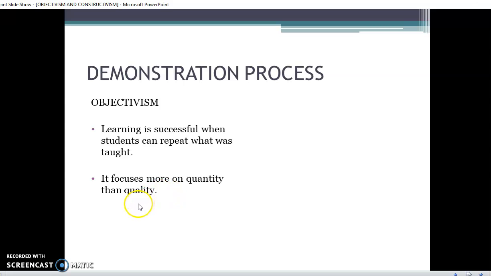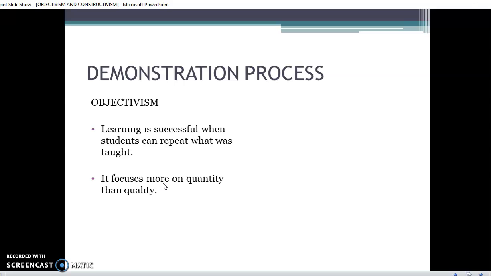Okay, we can memorize a particular concept, but memorization doesn't give us the assurance that it has been understood by the child. So the focus in the objectivist classroom is not on quality, instead it is on quantity. So we would look at the amount of information that is retained by the child and not the amount which is understood.